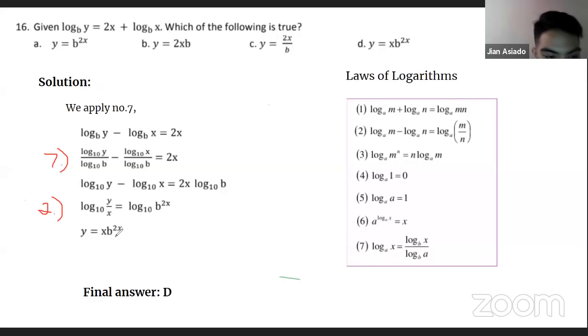Therefore, you get this final answer. Okay, ito mawawala lang to. So, y over x is equal to b to x. Lipat mo lang. You get this. Next.